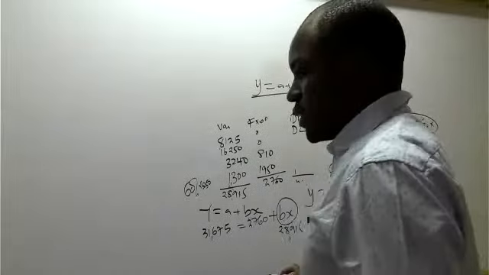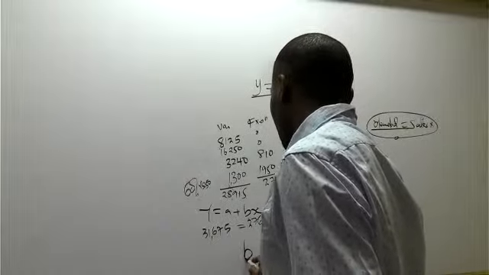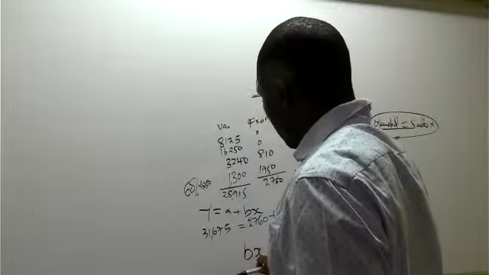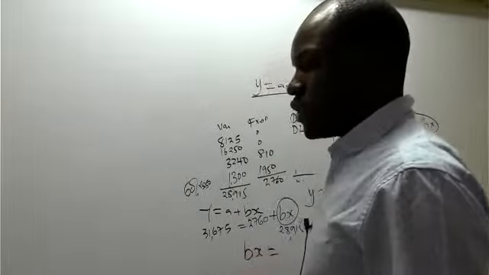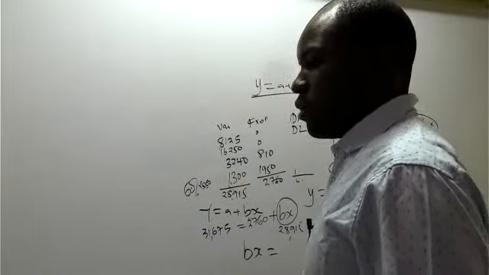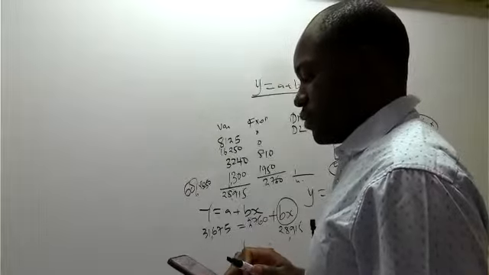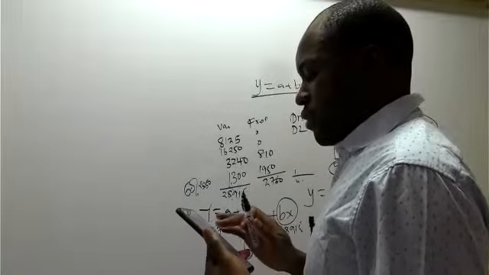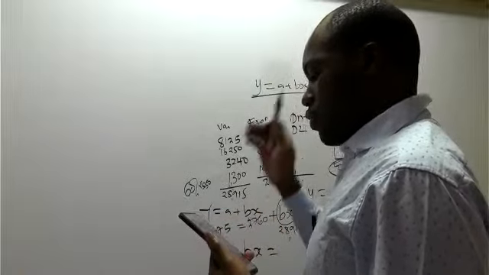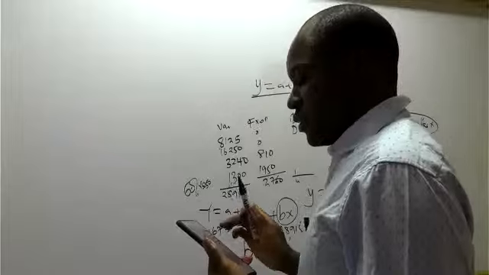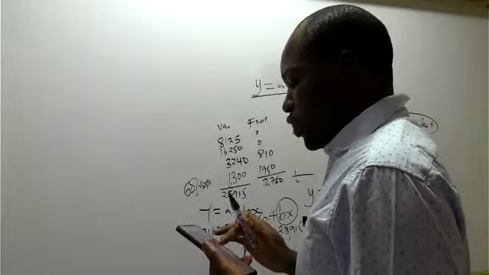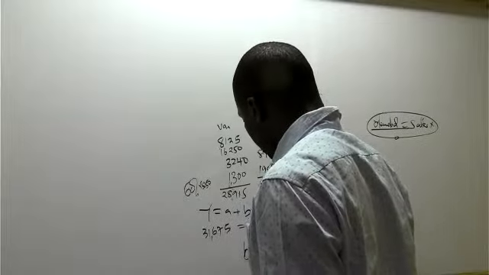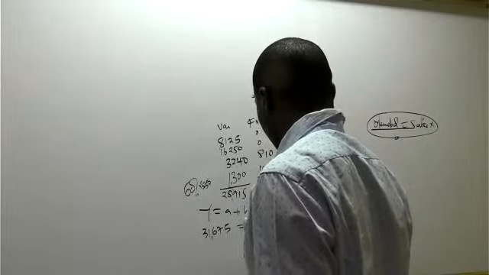Bx is equal to variable cost per unit you multiply by the quantity. What was the budgeted activity level? We are doing part 2, question number 1D. Walisema ni 250. So bx tumesema x ni 250.